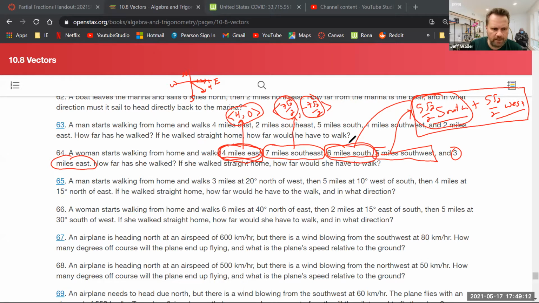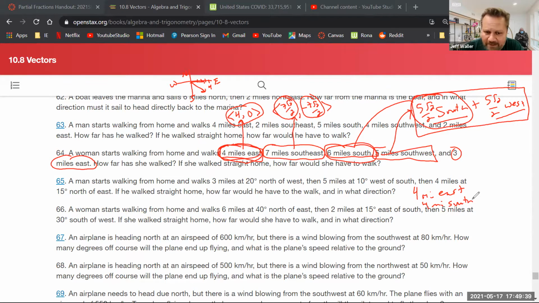If I go 4 miles east and 6 miles south, didn't I go some amount southeast? It would actually be a little off from southeast, but do you understand my basic point? If I went 4 miles east and 4 miles south, didn't I go some amount southeast?